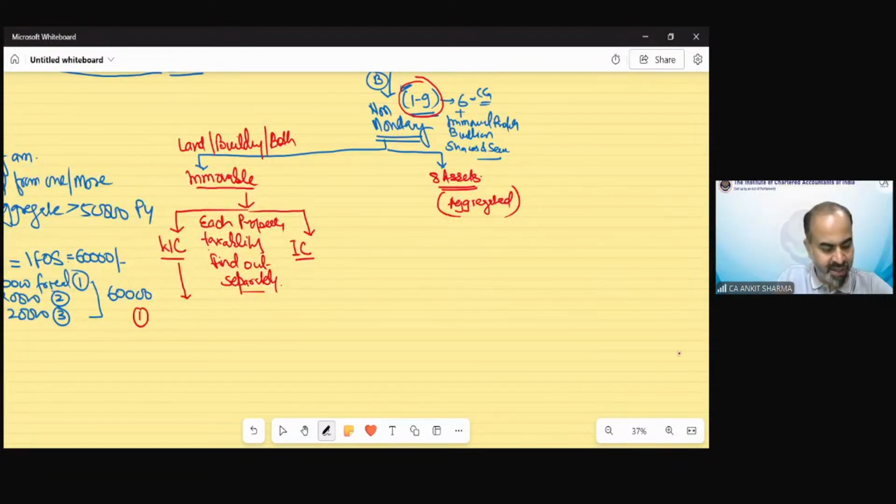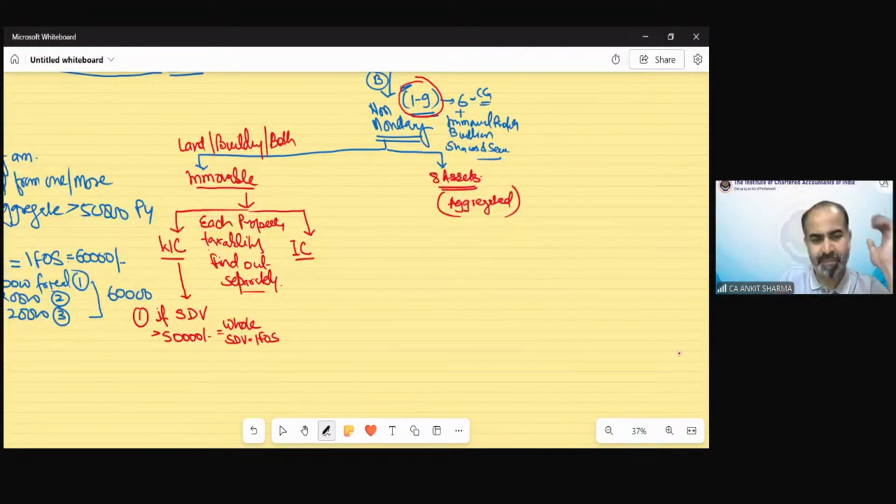So if it is without consideration, very simple provision. The provision says if a stamp duty value exceeds 50,000 rupees only. If the property what I received, if the stamp duty value of that property without consideration, that means I did not pay anything, if it is exceeding 50,000 rupees, the whole stamp duty value will be income from other source.